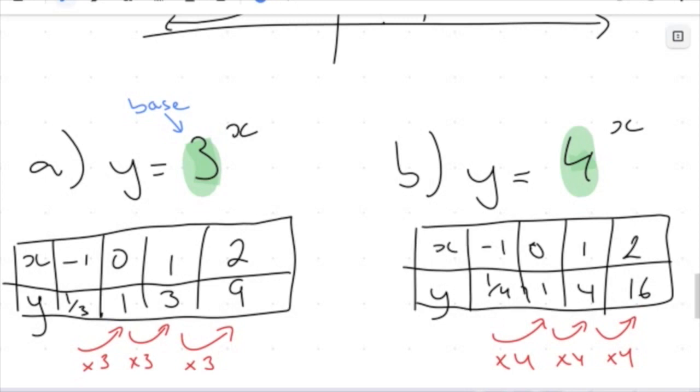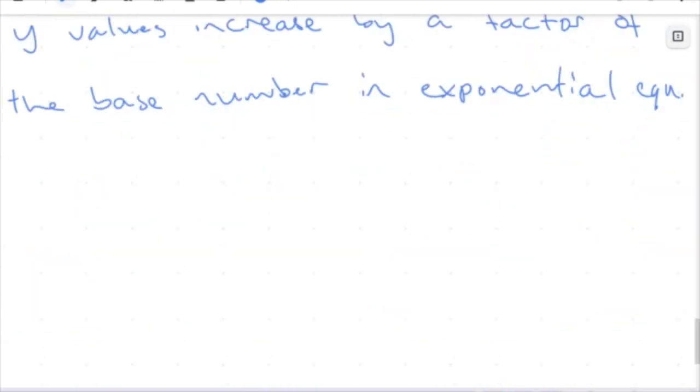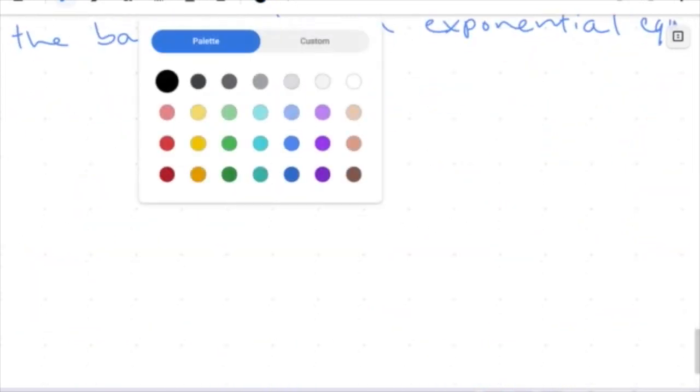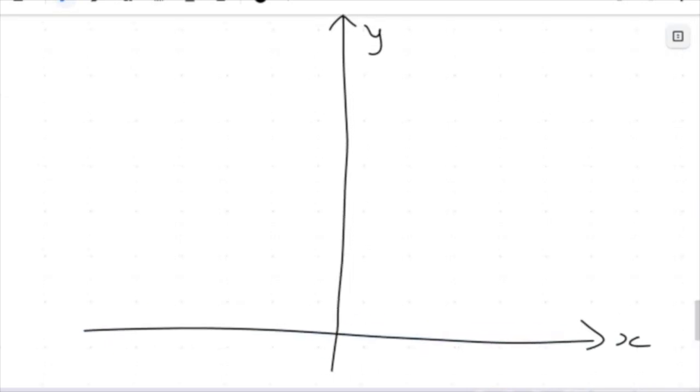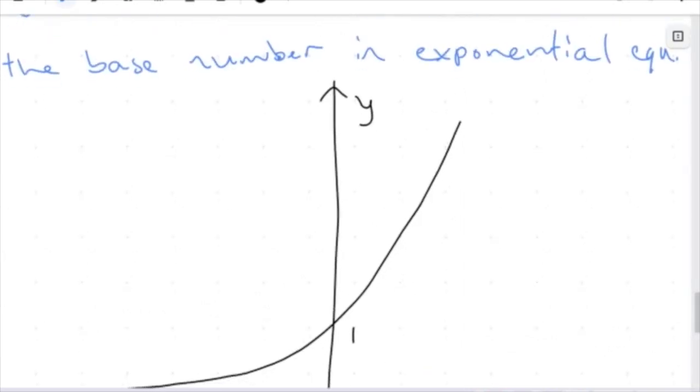Now, if we were to actually graph something like this, let's graph all of these functions that we've looked at on the same axes. So we have y, we have x. I have my y equals 2 to the power of x here, where I have a y-intercept of 1.